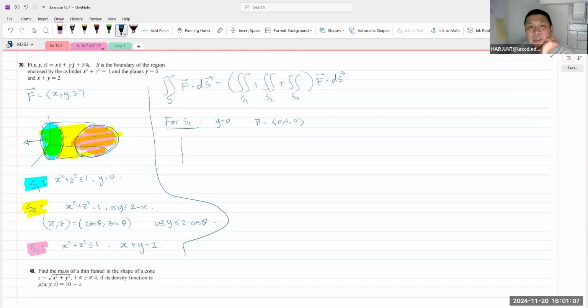The region S1 is in x and z. So I will parameterize that. F dot dS is equal to the double integral, still over S1, but the vector field becomes x, 0, 5 dot 0, negative 1, 0 dA, but the dot product equals 0.